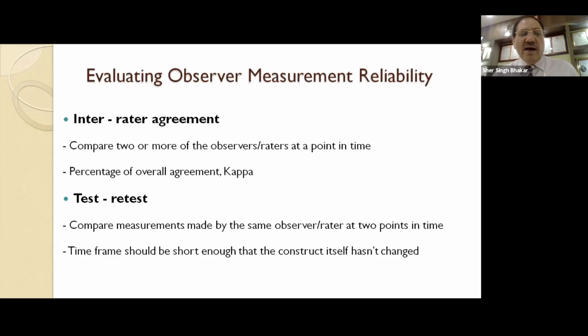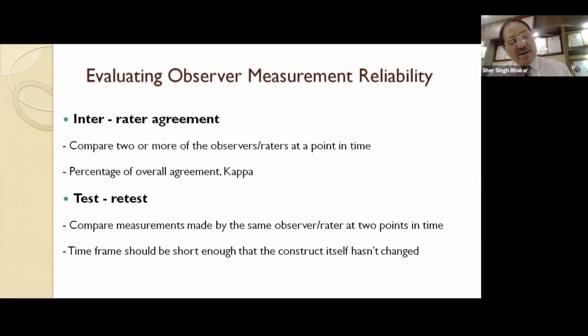And the last one, internal consistency reliability. Whenever you develop an instrument for measuring one variable, all the statements in the measure must be measuring the same variable, and you should not have statements that would measure some other construct or some other variable.